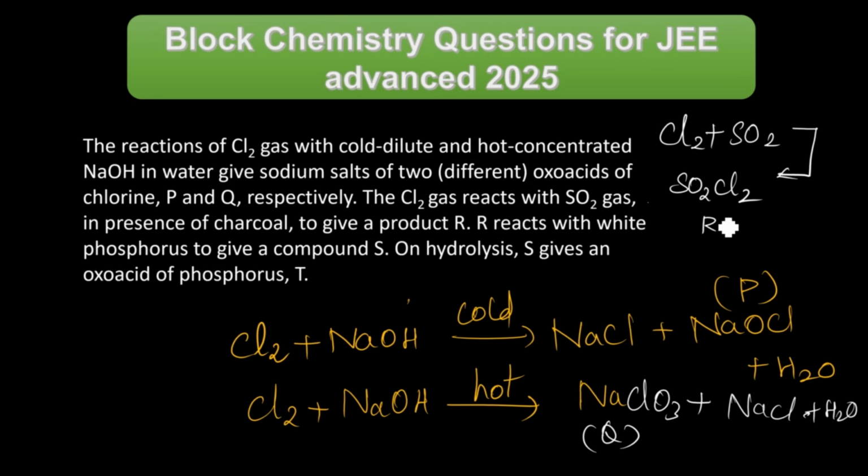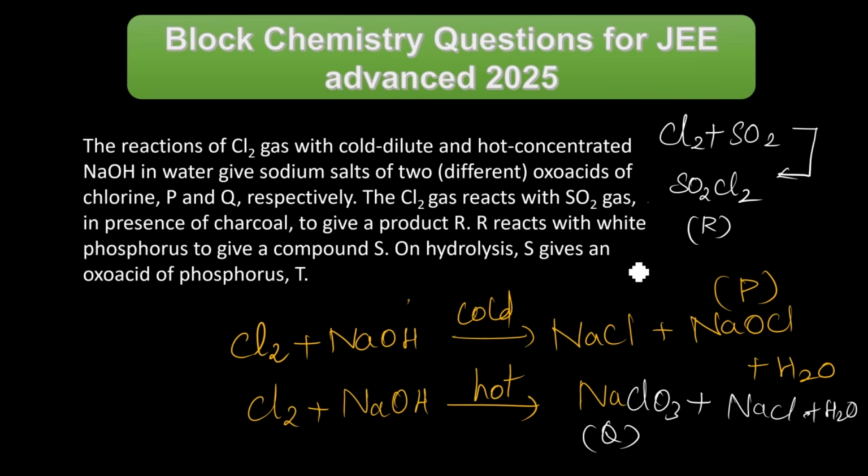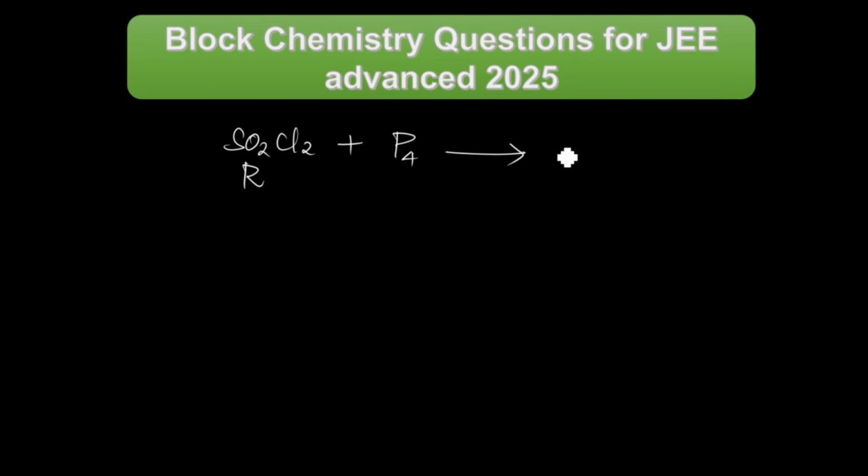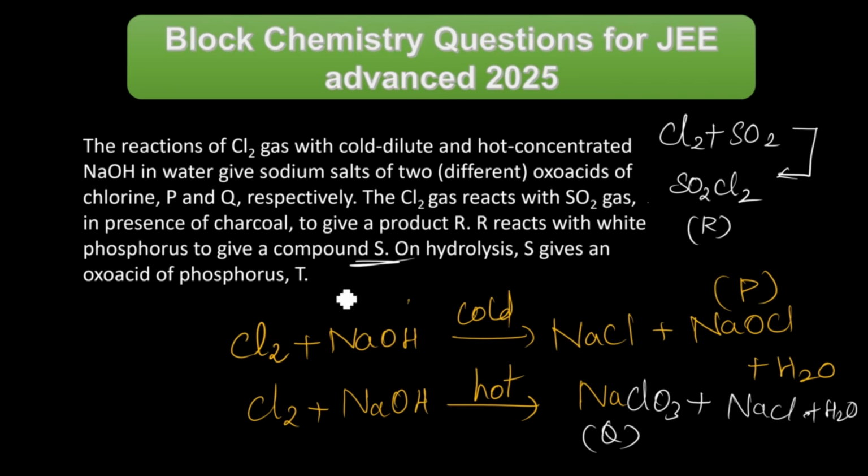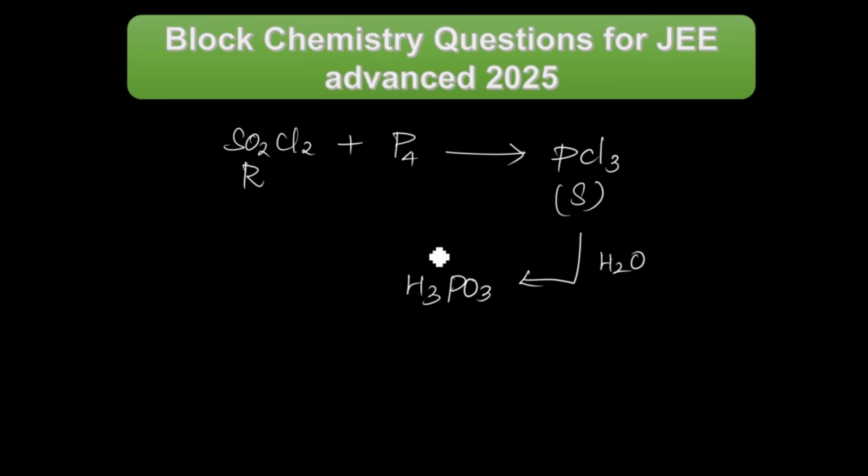Okay, that is my R. Then R reacts with white phosphorus to give compound S. So SO2Cl2 reacts with white phosphorus to produce PCl3, that is my S. S undergoes hydrolysis to produce H3PO3. So this is another oxo acid of phosphorus, that is T.